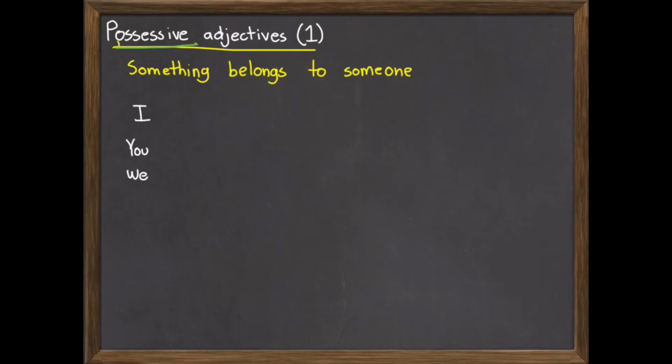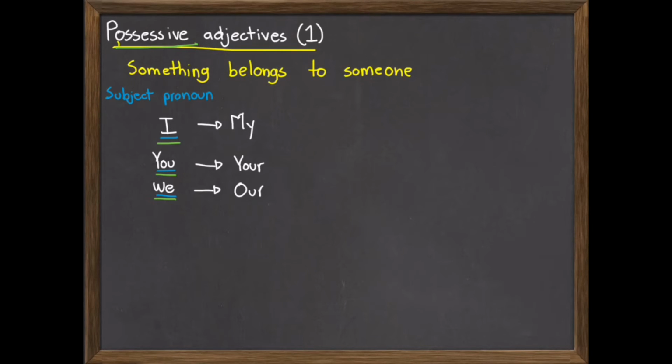We already looked at 3 subject pronouns: I, you, and we. But if we want to say that something belongs to I, you, or we, we would use different words. We would use my, your, or our.